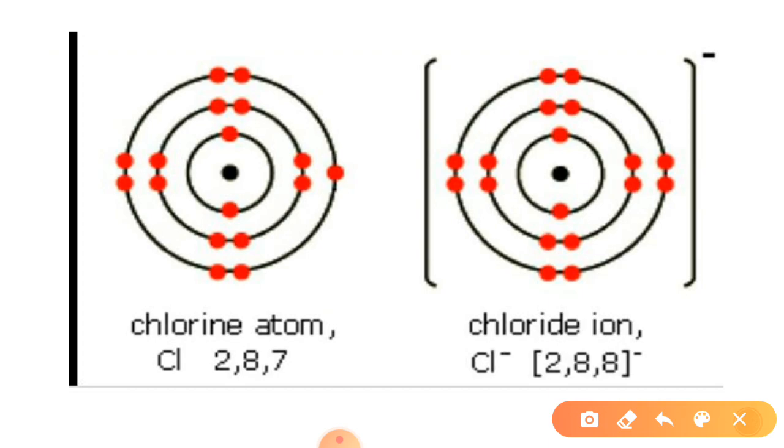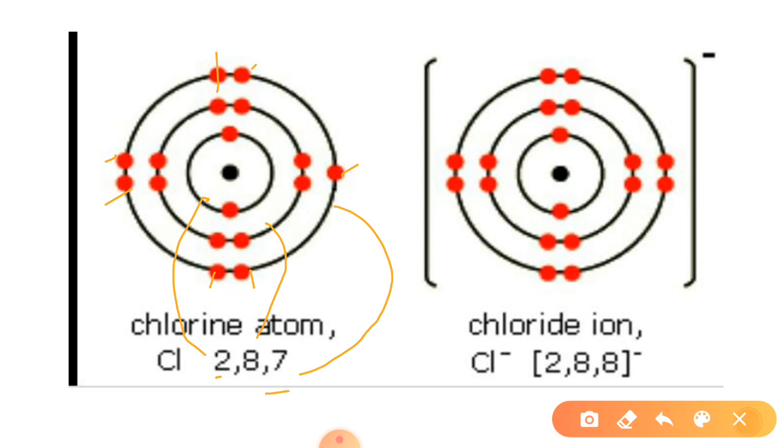This example will explain in detail. Here you can see that in the chlorine atom, the innermost orbit contains 2 electrons, the next orbit contains 8 electrons, and the last orbit contains 7 electrons. You can count 1 2 3 4 5 6 7 electrons in the outermost.